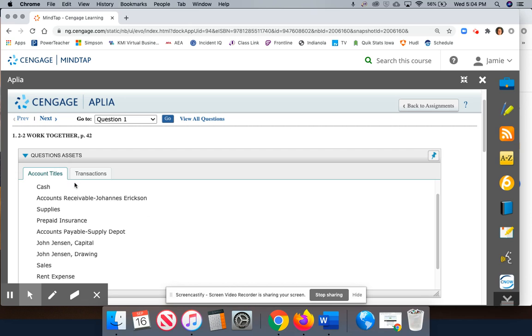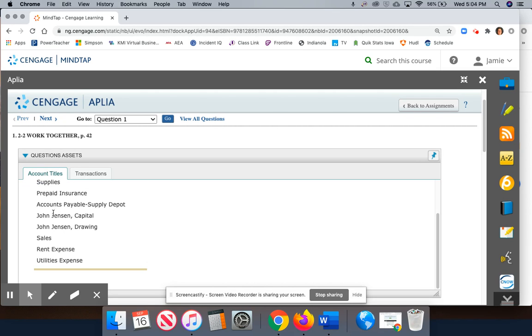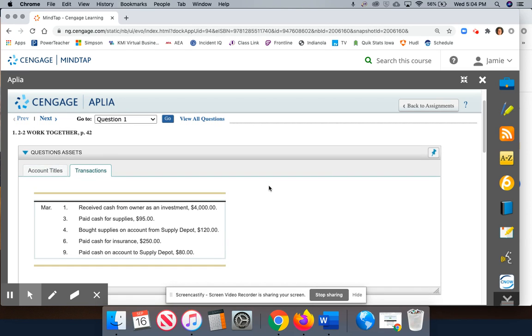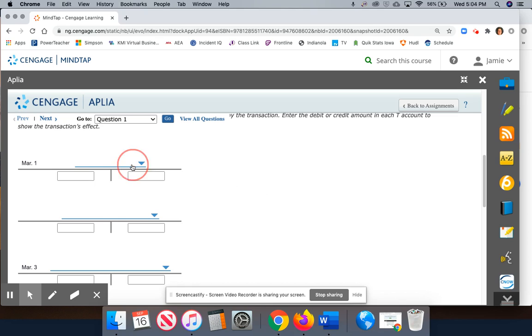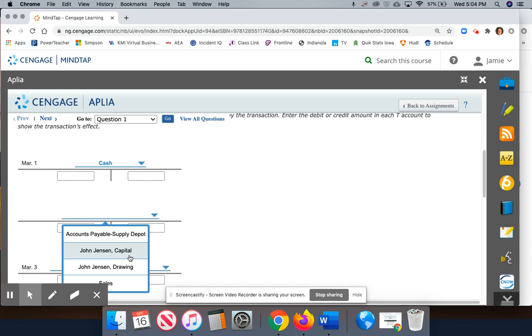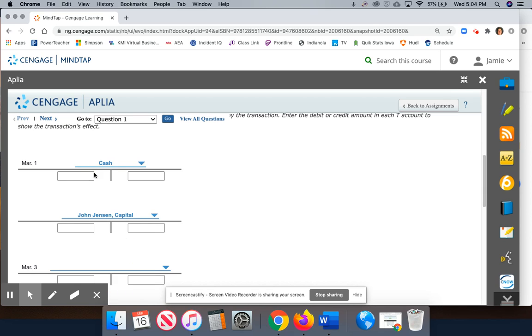So definitely we received cash, so we're gonna have cash. And then our other account is John Jensen Capital. So we broke down owner's equity into the specifics. So capital is what we use for the investments. So $4,000. So we'll put cash, and then we'll put John Jensen Capital.